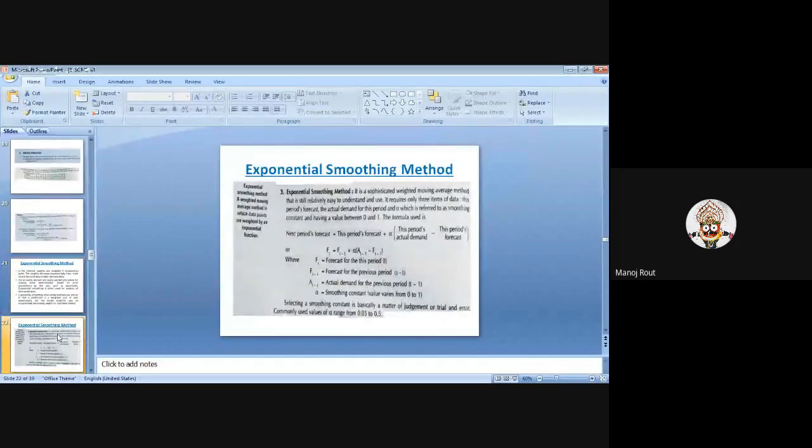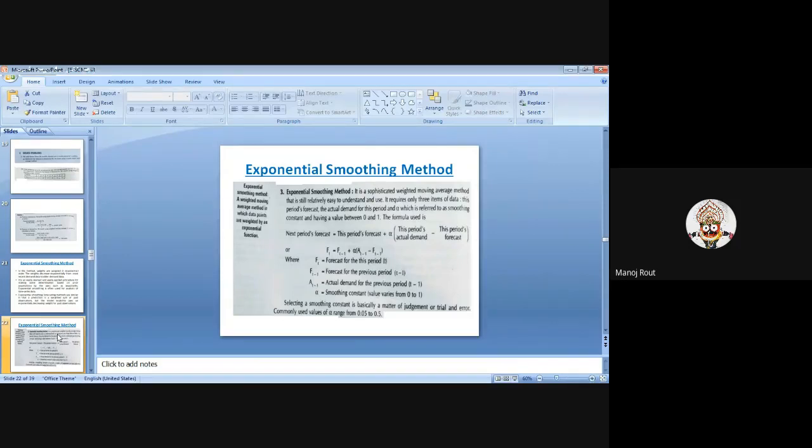If you go to the formula for the exponential smoothing method, it is a sophisticated weighted moving average method that is still relatively easy to understand and use, and it requires only 3 items of data: this period's forecast, the actual demand for this period, and a smoothing constant in the form of alpha, which should have a value between 0 and 1.